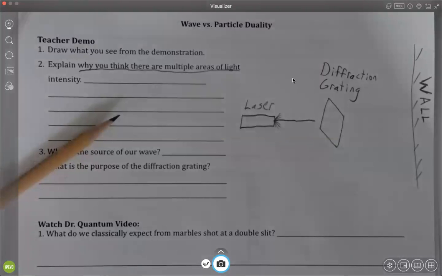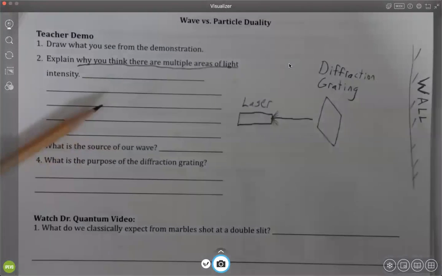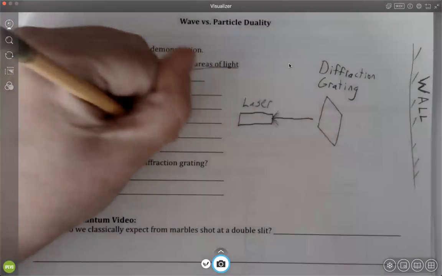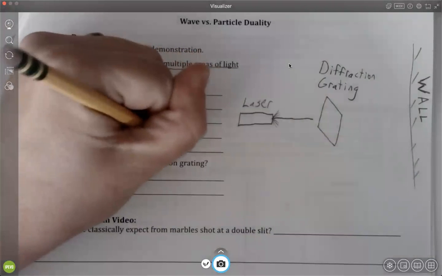All right, so now that we have what you think, the source of our wave was the laser pointer.